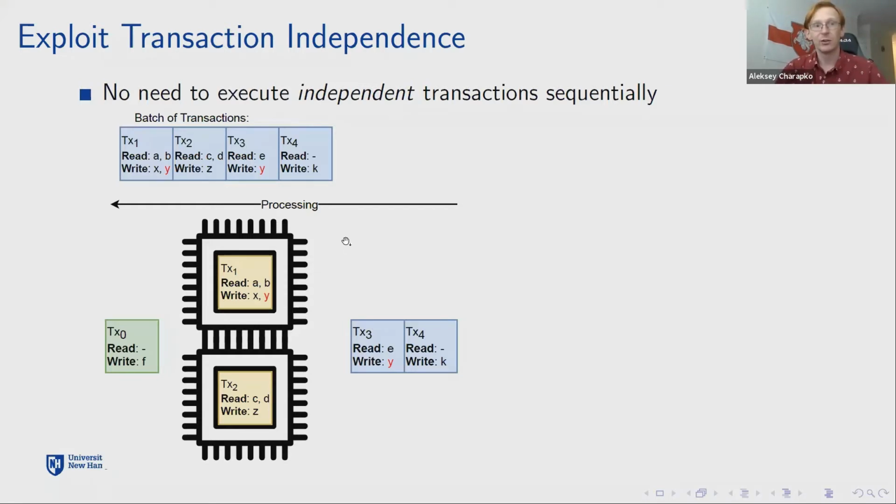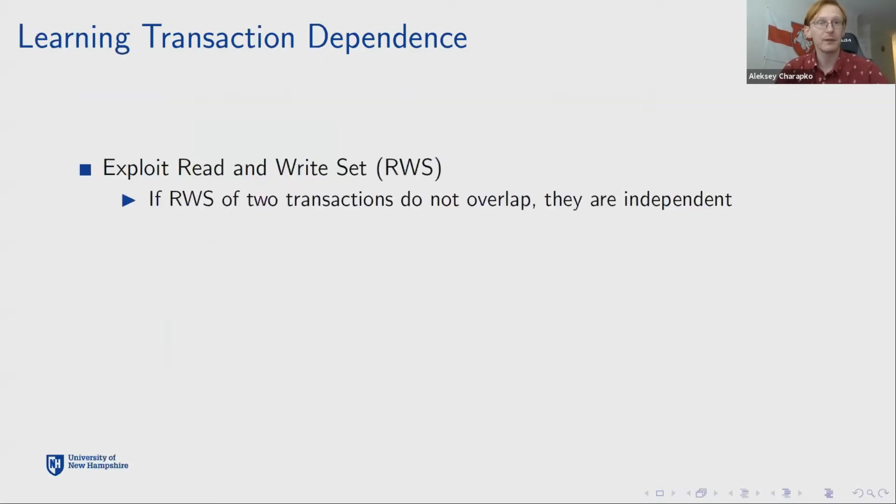So that's the gist of how systems like Calvin, and the system that we're going to be talking about today, try to run these transactions in parallel. Of course, in my toy example, it was easy to see and infer the dependence of transactions, but in real life, it may be a little more difficult. Nevertheless, we still use this idea of read and write sets.